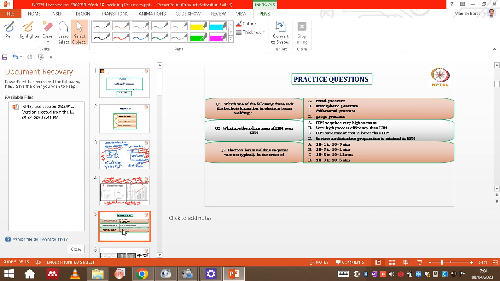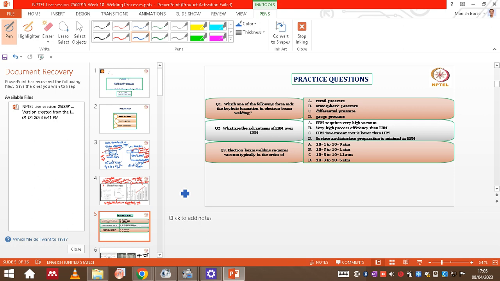Before going to that, we will quickly recap what we have seen in the laser welding process. If you remember, a great advantage of laser welding is the quick start and stop of the process, right?